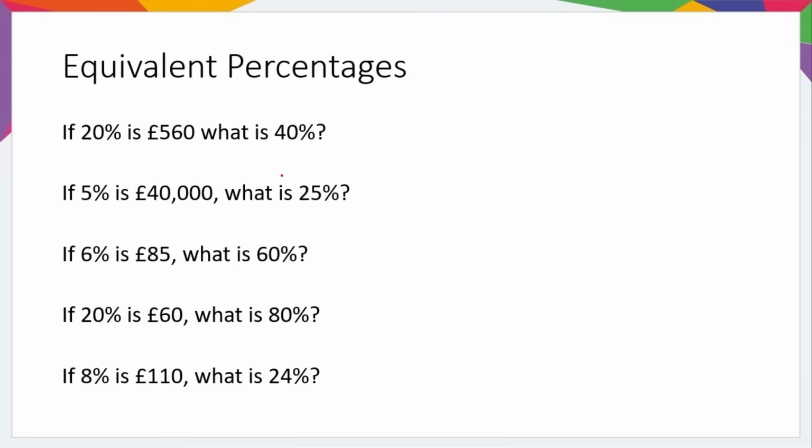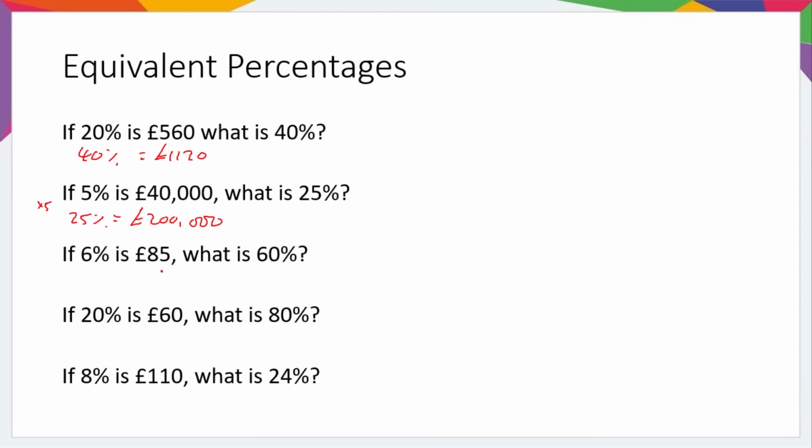So let's have a look at some more. If 20% is 560, well, 40%, that's double 20%, so double 560, 1,120. If 5% is 40,000, 25%, well, that is 5 times greater than 5, so it's 40,000 times 5, so £200,000 is 25%.